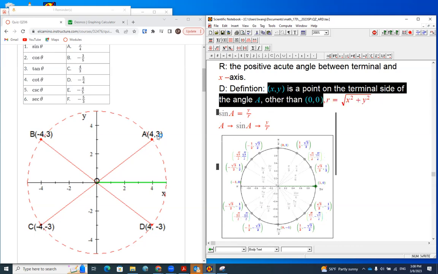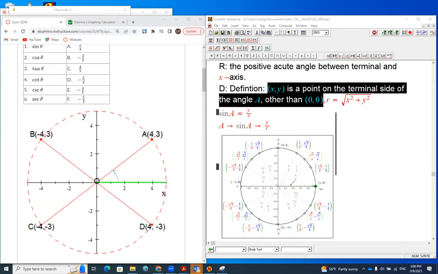Then the question is, does this point, say capital A (4,3), have a corresponding point for this terminal on the unit circle? Absolutely. If I want to find the point for (4,3) on the unit circle, I will draw the same circle and this angle with the same opening.